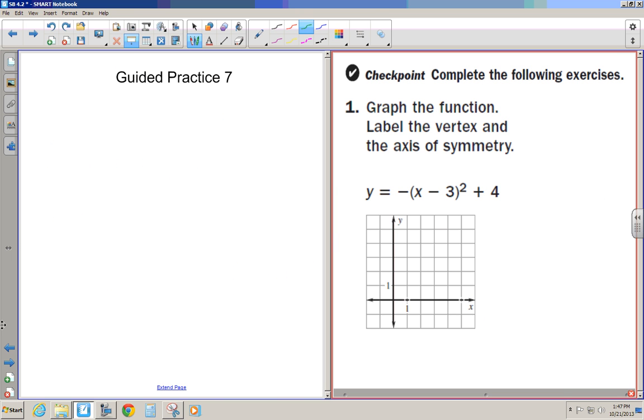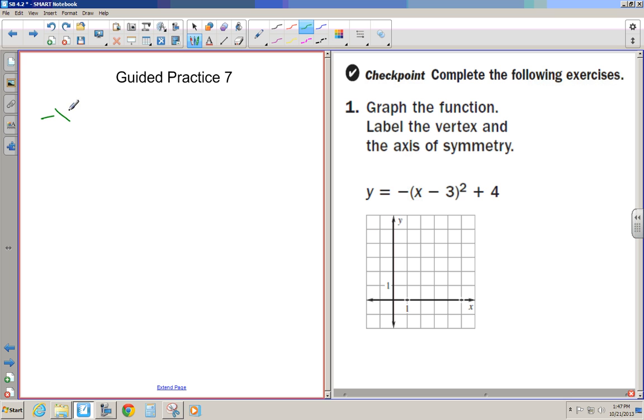All right, guided practice number 7. Negative x plus 1. Well, what makes that equal to 0?